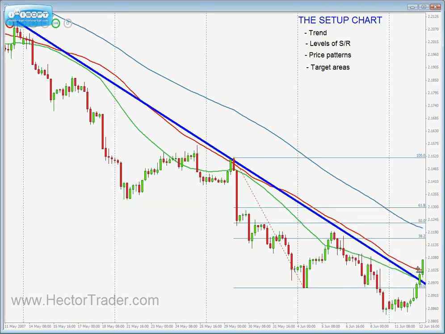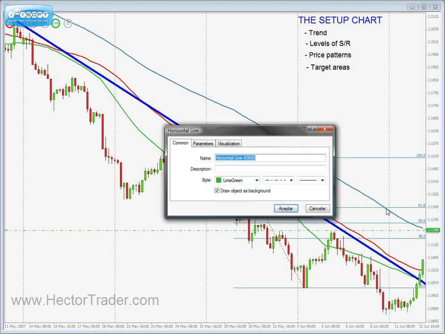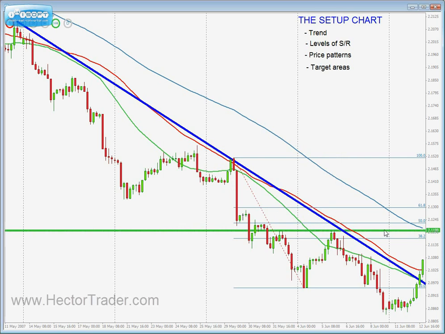So I make a mental note that the 212.00 area, the round number, this one actually I'm going to mark in deep green. Deep green right there.